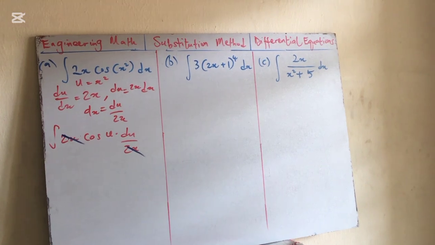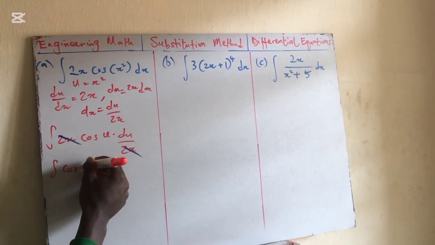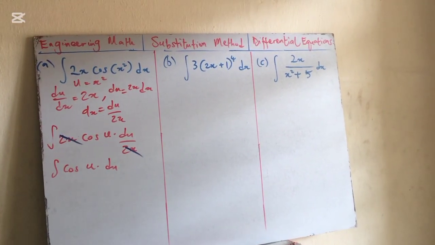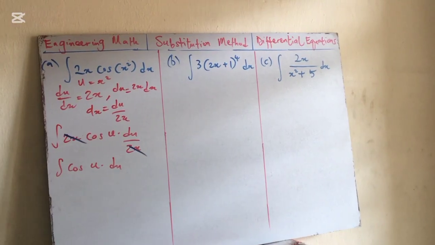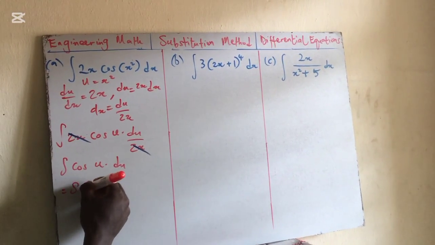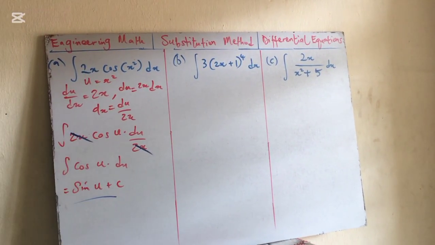So like that, we are going to be having a direct integration. So we just say cos u du. And if you integrate cos, we all know it's going to give us sine. So that will be equal to sine u plus c. So that's for this question here.